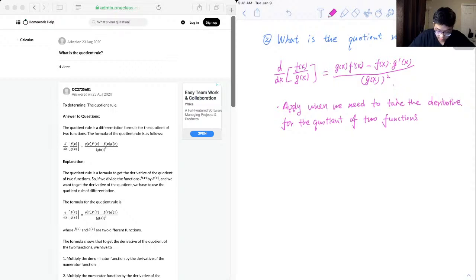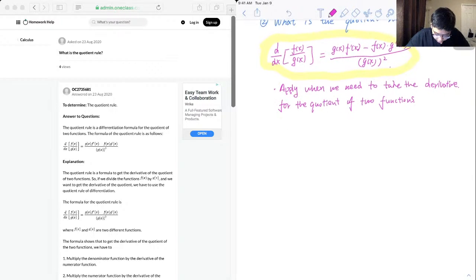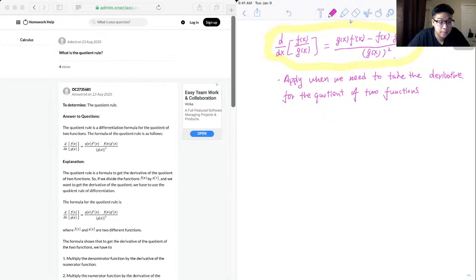And that is our formula. And the quotient rule, we usually, okay, I'll use an example to explain.